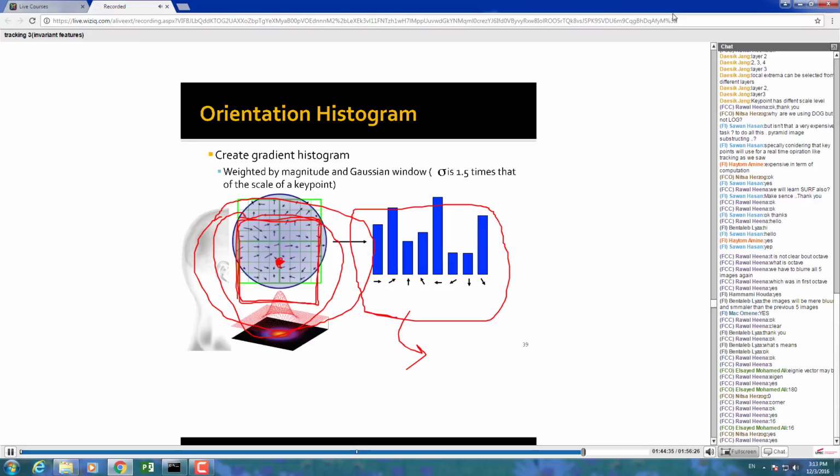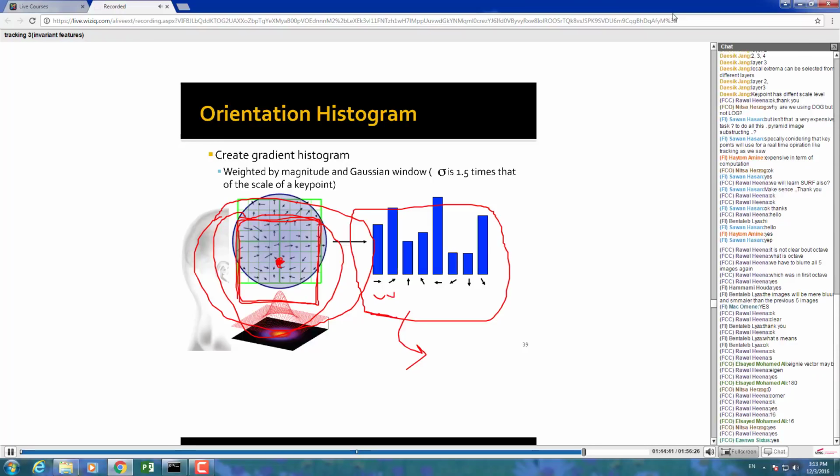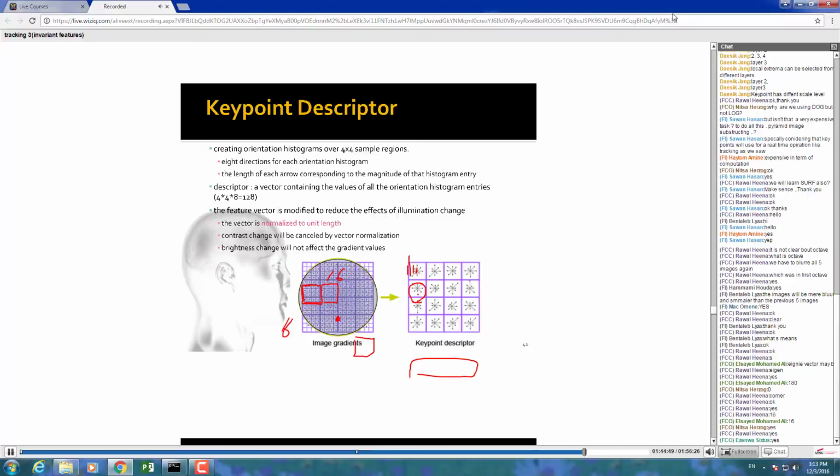Do you understand the concept of histogram of angles? Is that clear to you? Good. If it's not clear, sometimes it's confusing. So for every period of angle, we are accumulating the number of the same angle, similar angles.